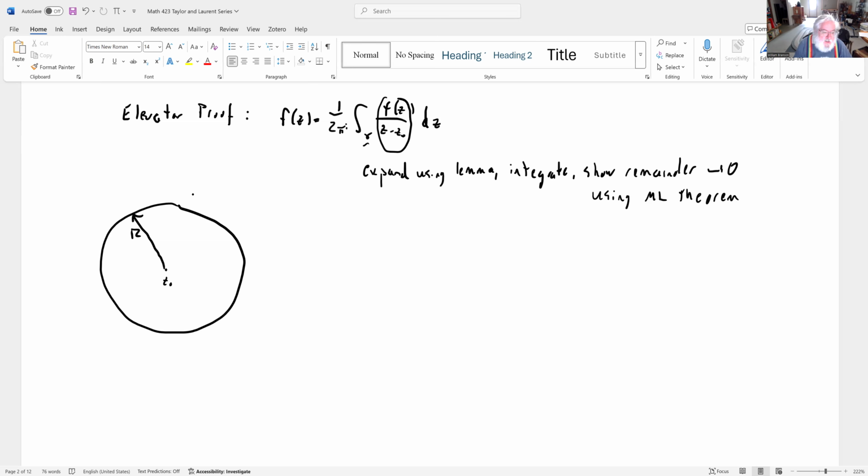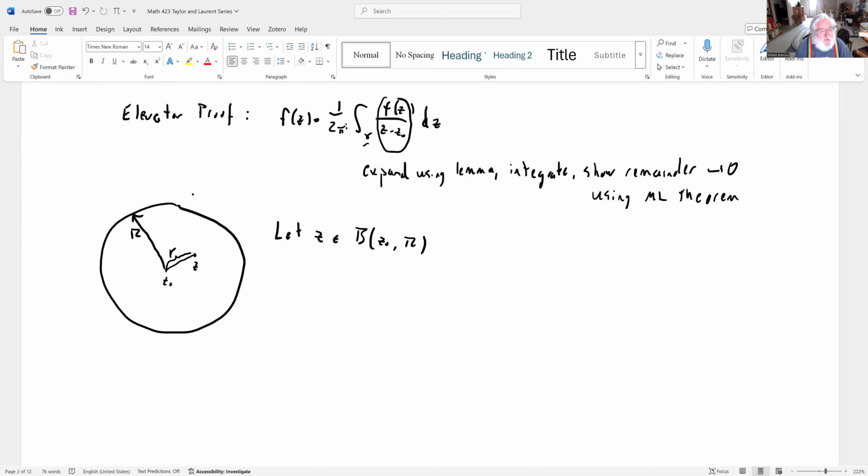So we'll let z be inside of this disk. We'll call the distance that z is from z0 r. That's supposed to be a lowercase r.